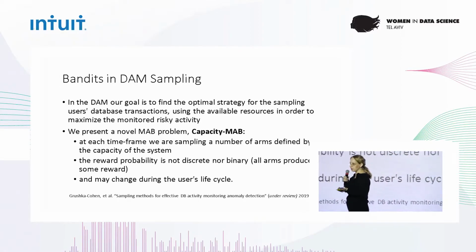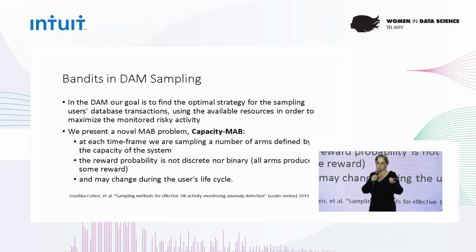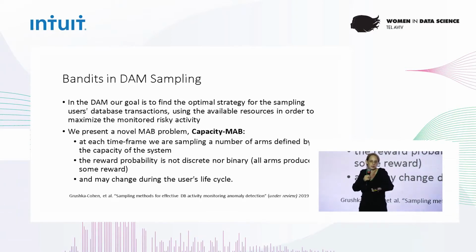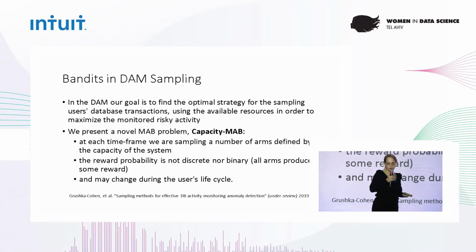In the original problem, the probability to win is discrete. You either win or you lose at each round. But when you're monitoring users, you do not lose from monitoring a user. You just may regret not monitoring someone else, because you gain something by getting to know someone.